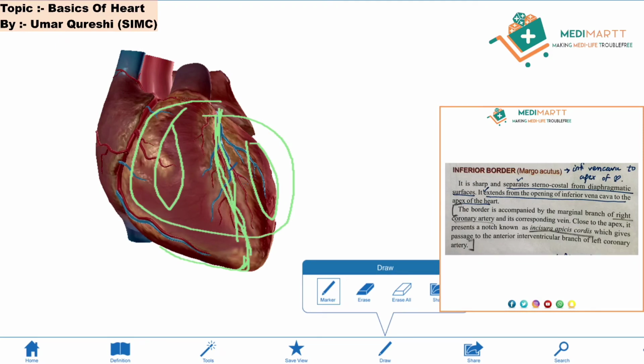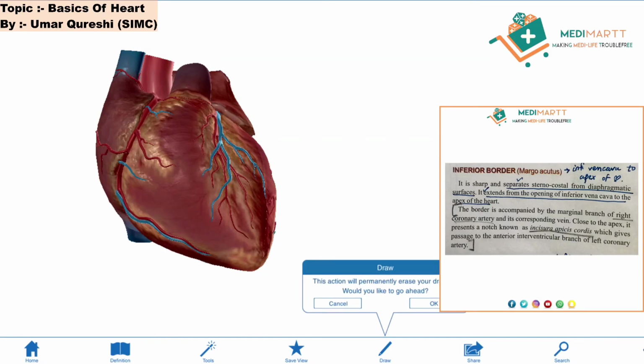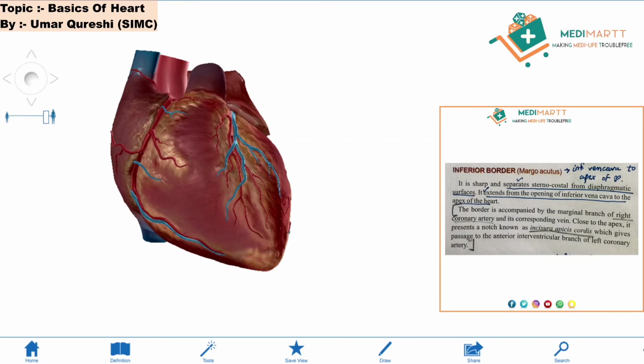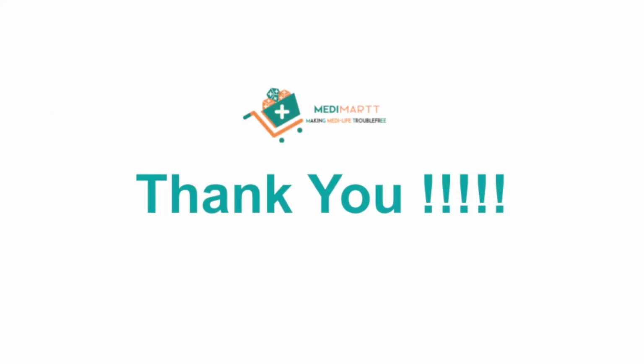The artery running through this groove is known as the anterior interventricular branch of the left coronary artery, and the incisura apicis cordis gives passage to this artery. So that's it for the inferior border of the heart. It is also called the margo acutus. You don't have to remember this because it's not important. So that's it.